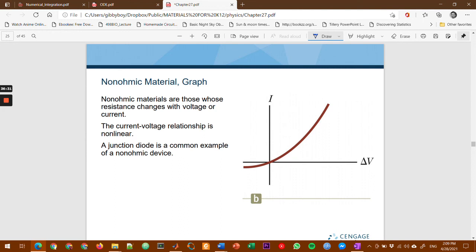Okay, non-linear. So example of this type of material is a diode. Okay, example is a junction diode. Inani ang iyang behavior, and this is not V equals IR anymore. So di na siya inana. So it's like this is V exponent something. So exponential na ni siya nga behavior ba something like that. Okay. So we'll not discuss this anymore.